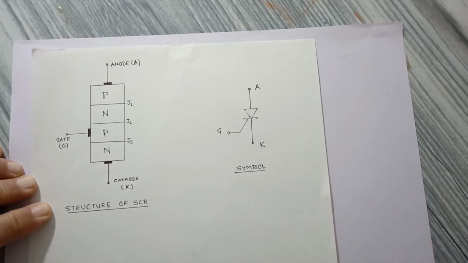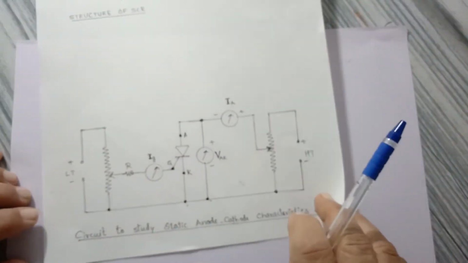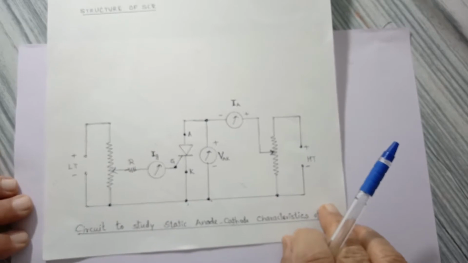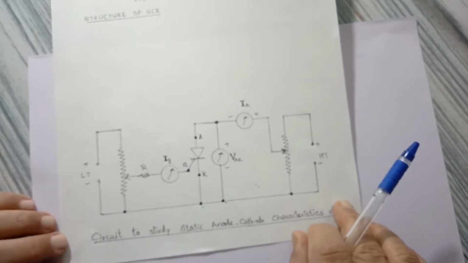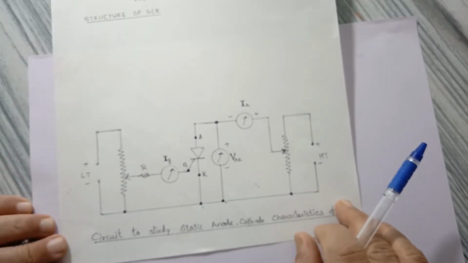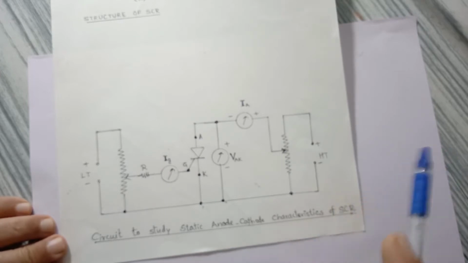Now, in order to study SCR characteristics, we need to connect a voltage source so that we can make it forward bias, we can make it reverse bias, and we will be able to inject some gate current, and let us study its characteristics.